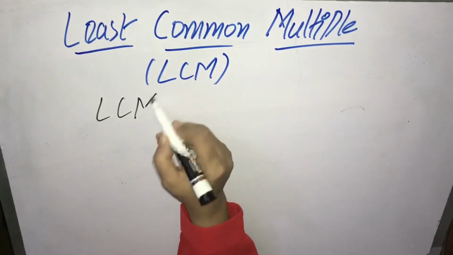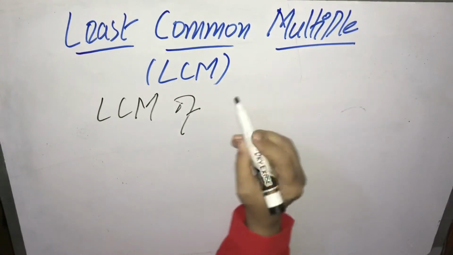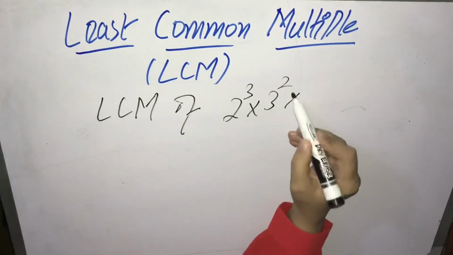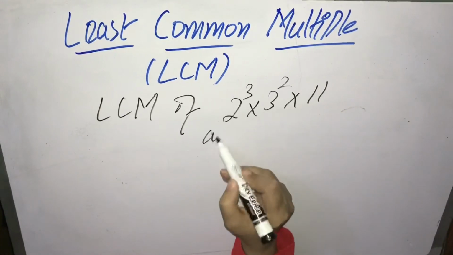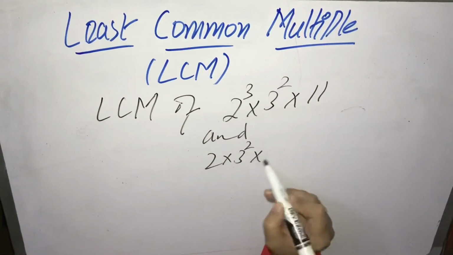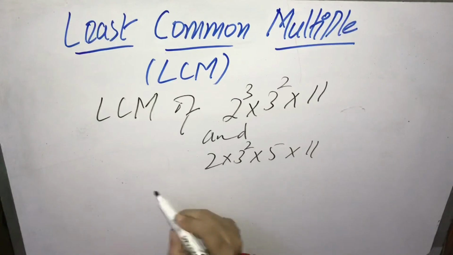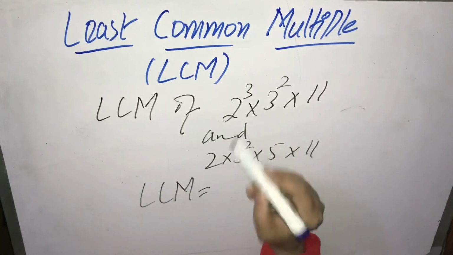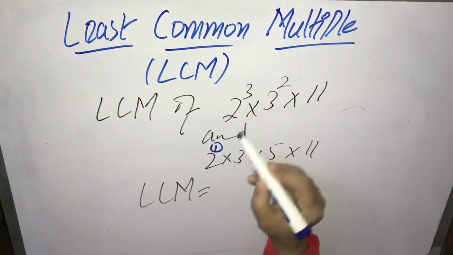Now if we find the LCM of 2 power 3, 3 power 2 cross 11 and 2 cross 3 power 2 cross 5 cross 11. So when we find the LCM, we shall take the highest power of 2. Here it's 1, here it's 3.